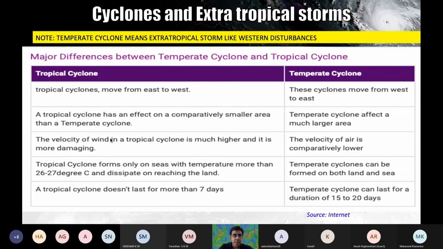That is possible, but I'm just giving a general scenario. The general difference is that tropical cyclones will always start moving from east to west, whereas temperate cyclones will always start moving from west to east. Okay. Got it.